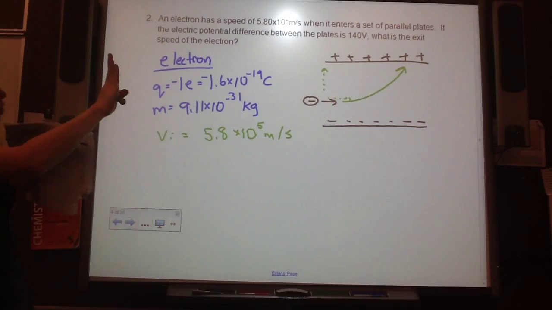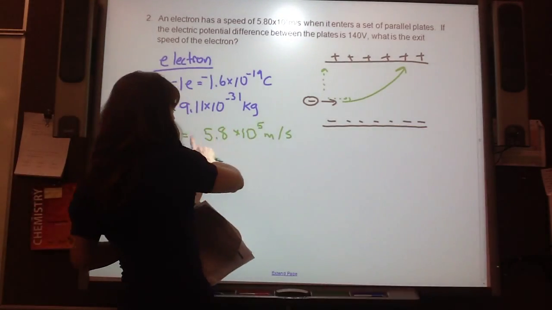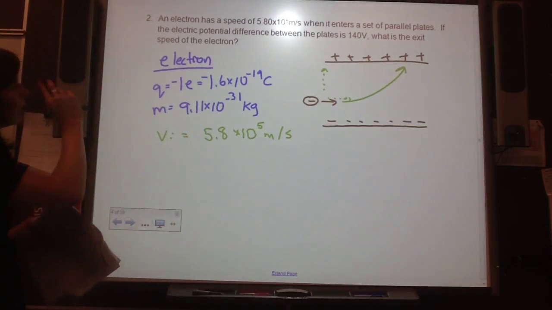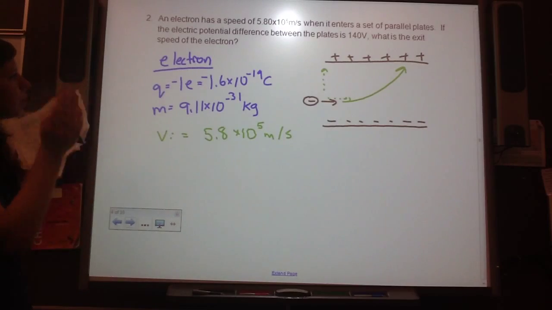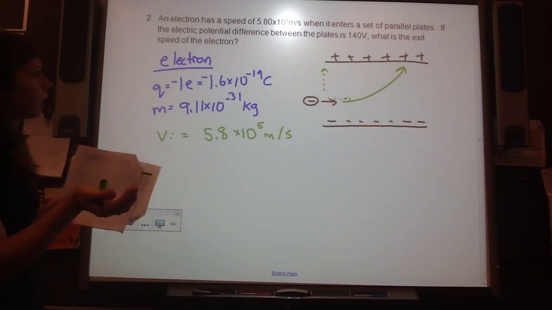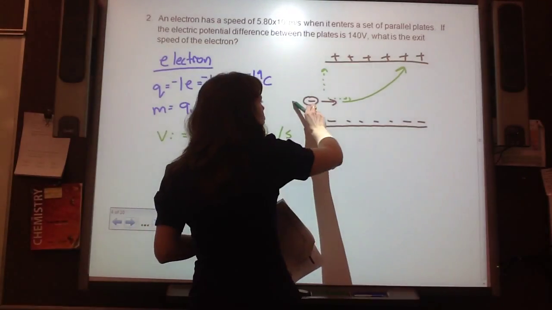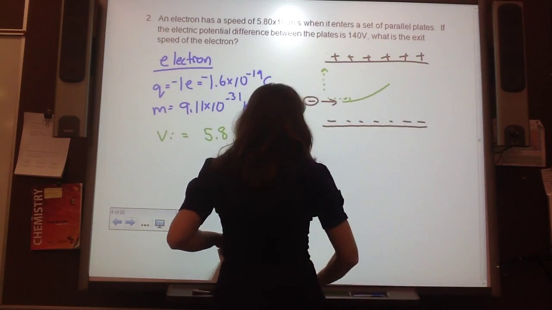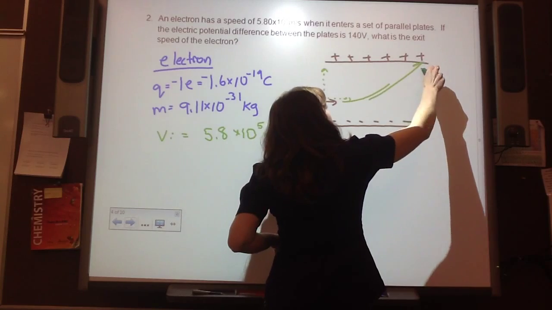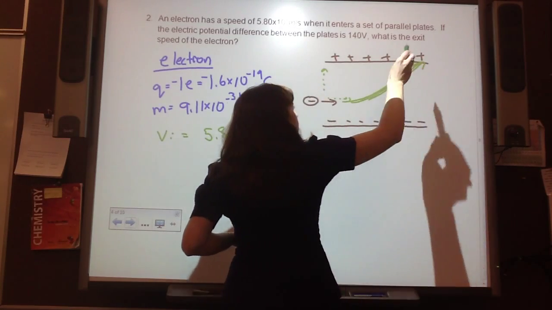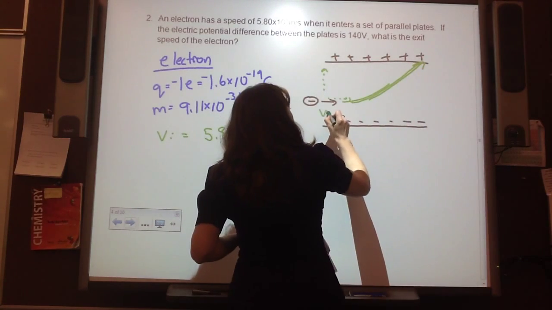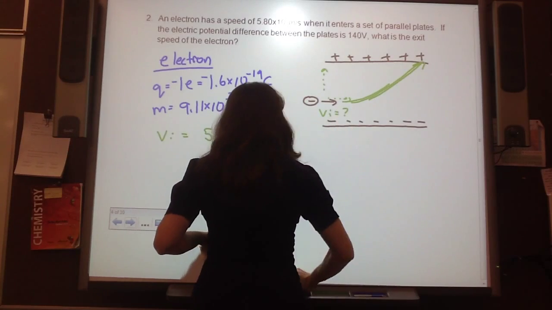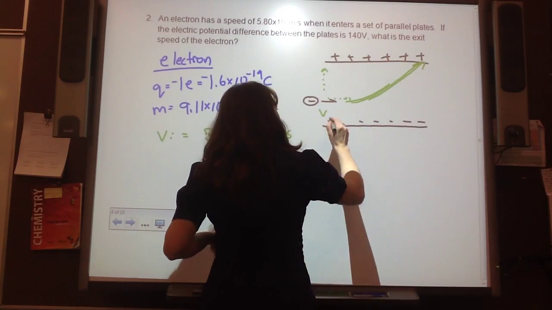So we have our electron, it enters the parallel plates at this velocity, or speed. If the electrical potential difference is 140, what is the exit speed of the electron? This is its VI, we're told its VI.